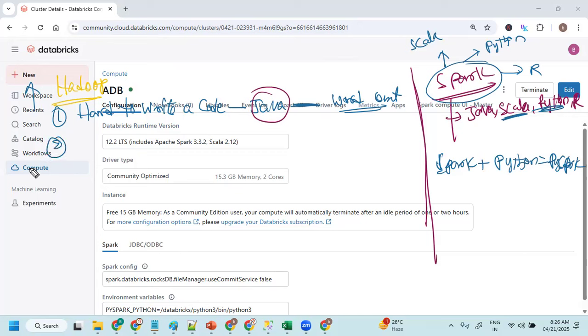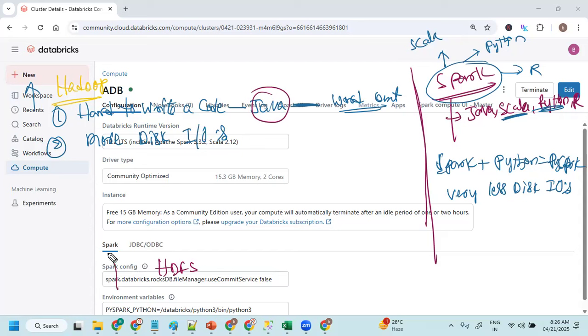Another limitation is more disk IOs. Here, very less disk IOs. Very less disk IOs. Okay, so what does it mean? Let's say, for example, I'm having HDFS.